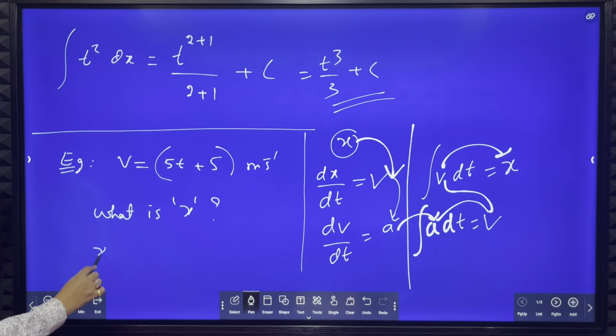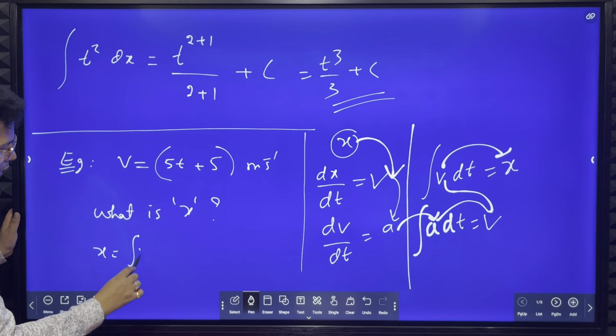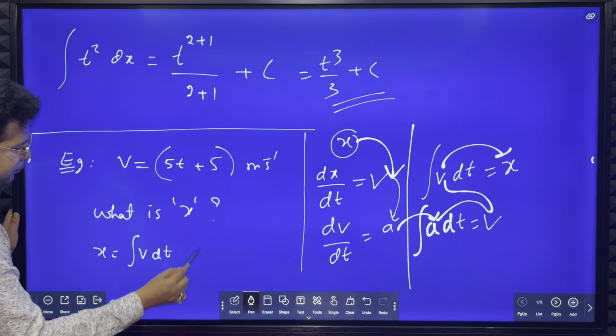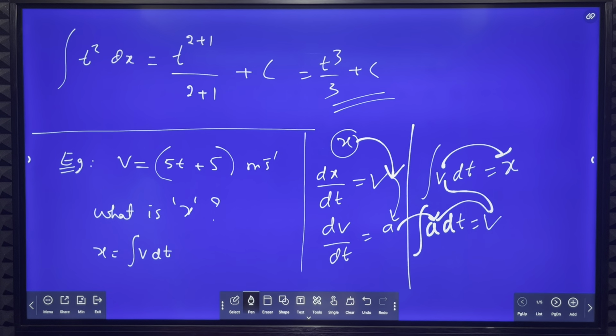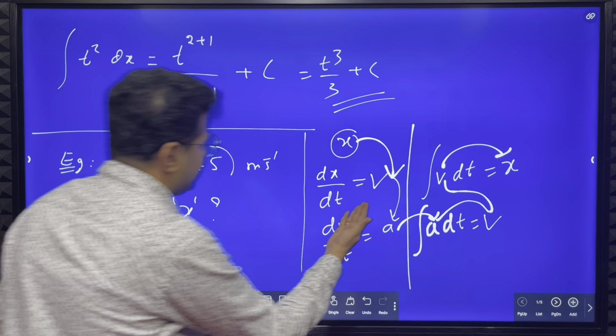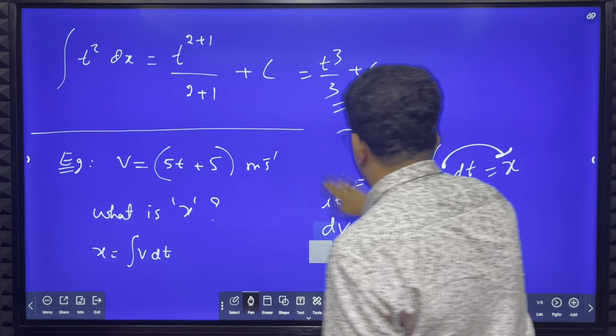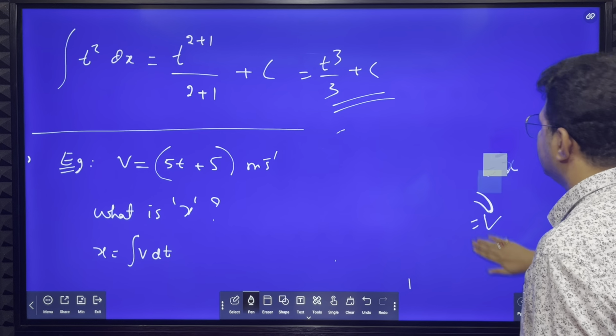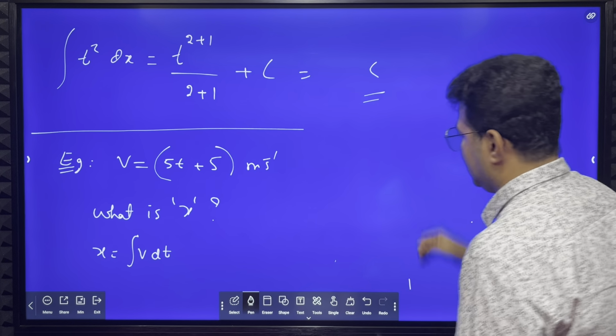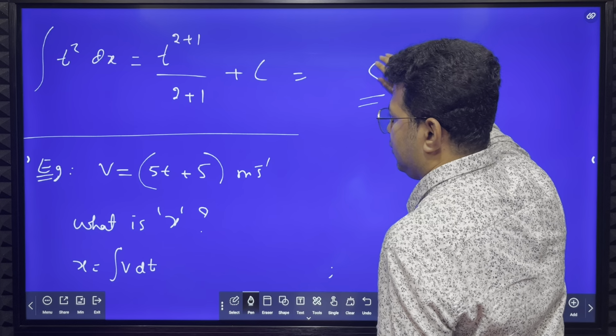Okay, then how to find this? Then what is x? x equal to integration of v with respect to t. So where do I write now? I write somewhere here.